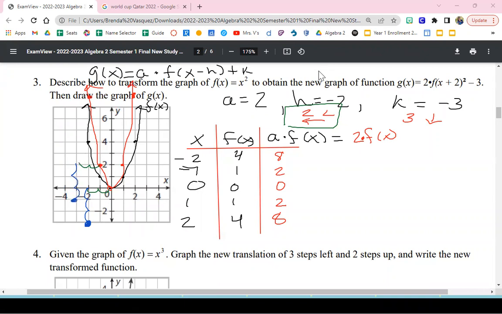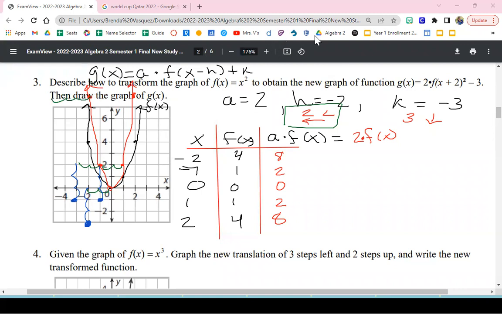Let me repeat that process one more time. 1 and 2, and 3 down. 1, 2, and 3. Let's go ahead and move the last 2 points up here. 1, 2, and 3.